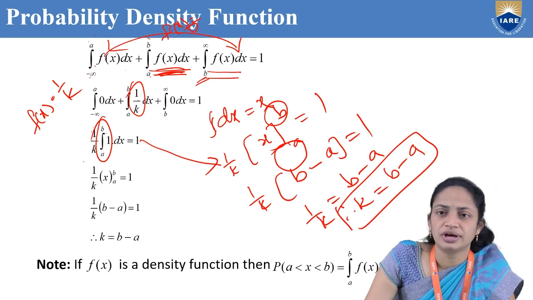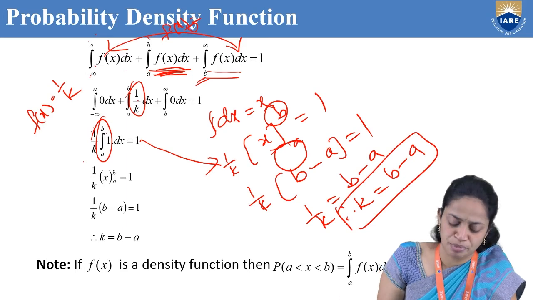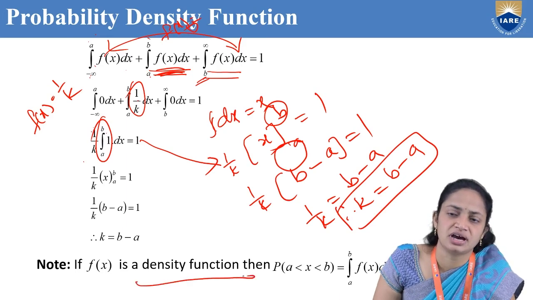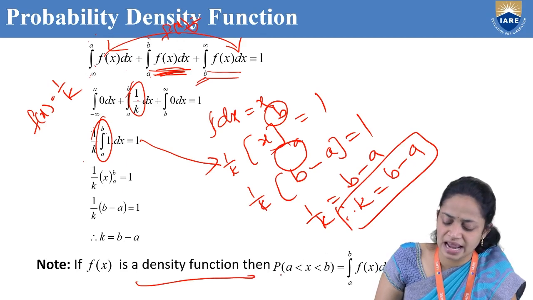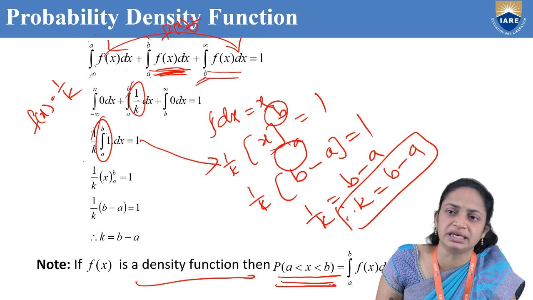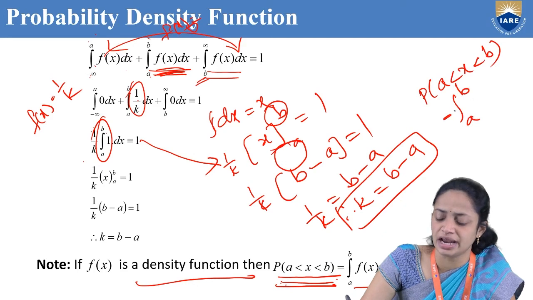Okay, here we have one note. If f of x is a probability density function, then the probability of a less than x less than b equals the integration over a to b of f of x dx. So if we have the limits, we can directly write the integration over a to b.